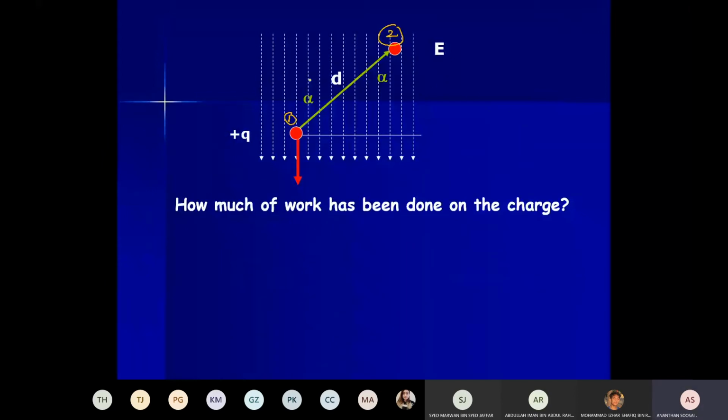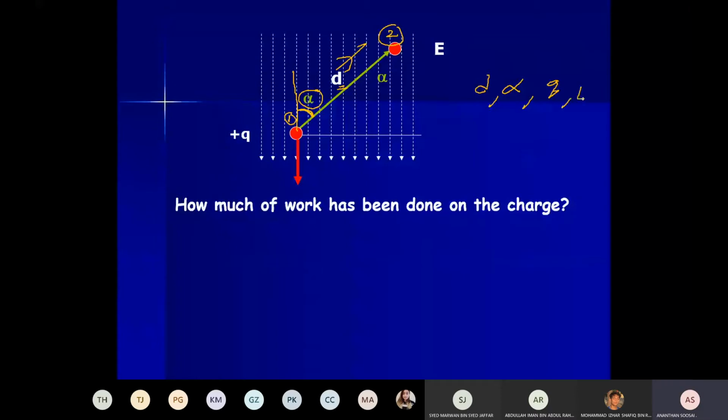What is the work done to move the charge from 1 to 2? The angle from the vertical is alpha, and the distance traveled diagonally is d. The force is of course acting downward, as it is a positive charge. What is the work done by you to move the charge from 1 to 2? Give your answer in terms of d, alpha, and q.